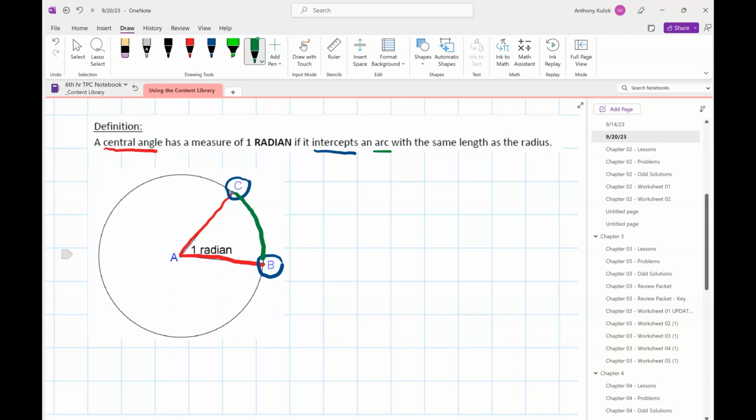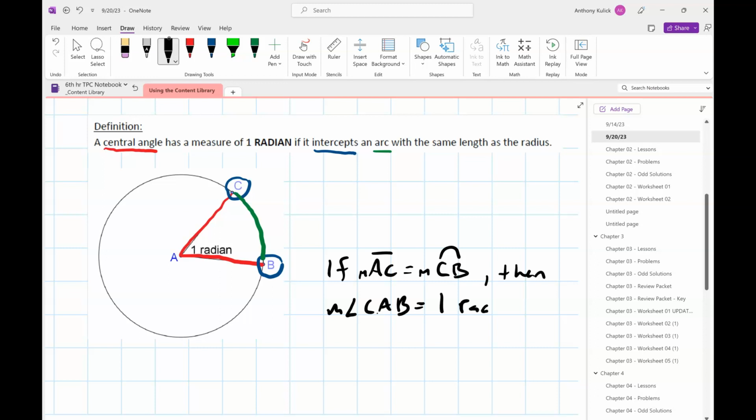And then we remember what a radius is, right? So what we would say here is that if the radius AC is equal to the measure of the arc CB, and remember when we name an arc, we put a little arc on the top of it for its hat, then the measure of angle CAB is 1 radian.